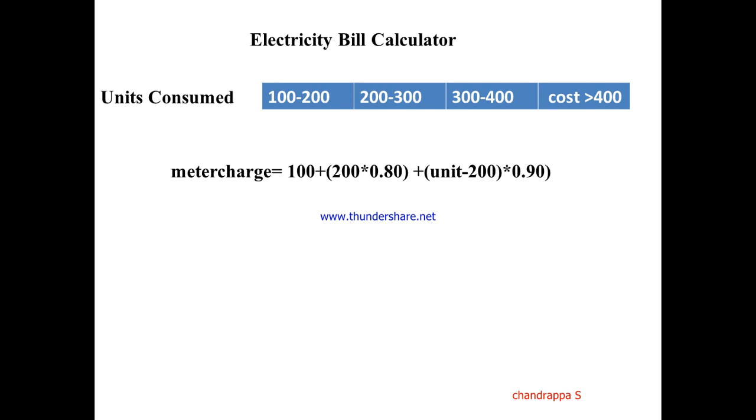For the remaining 50 units, apply 0.90. Therefore, 50 into 0.90. To calculate remaining units, subtract 200 from total units.